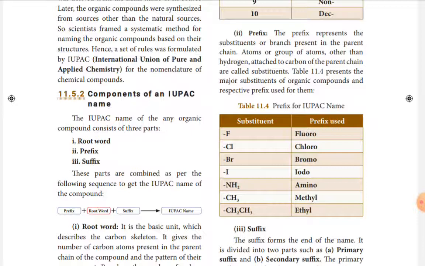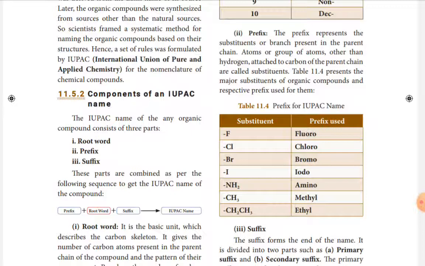Normally the root word is obtained from the carbon skeleton. How many carbon atoms are in the compound? Based on the number of carbon atoms, the root word is given, from the parent hydrocarbon. Greek numerals are also used.